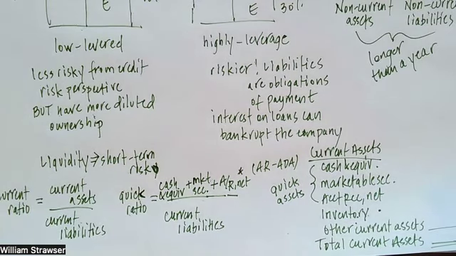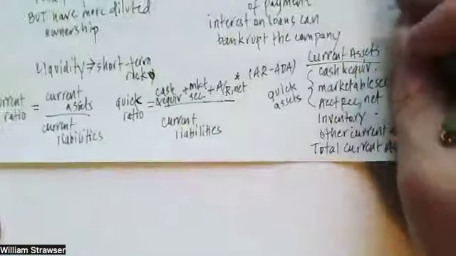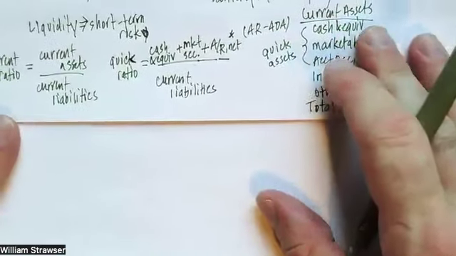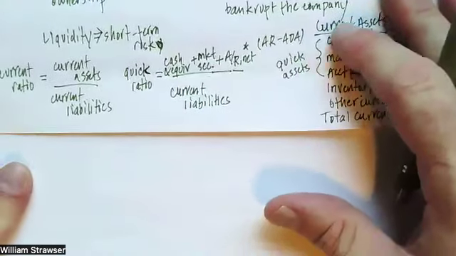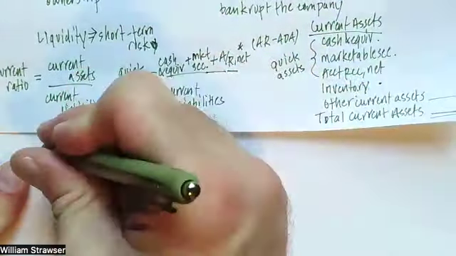So those are just the short-term ratios. The long-term ratios aren't much different. When we talk about liquidity, that's short-term risk, then we can also incorporate a discussion of solvency, which is longer-term risk.